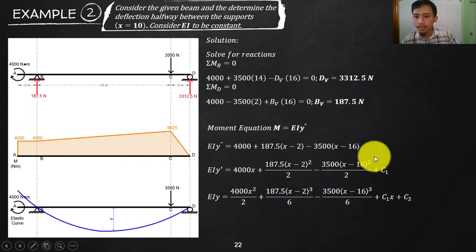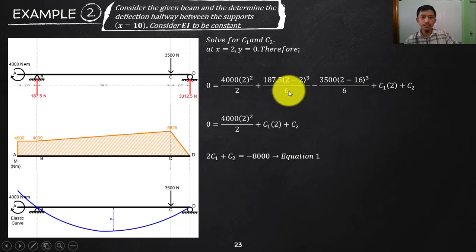There will be x with C1 and then another C2. Okay, so now substitute our boundary values, which are at joint B and point D. We know that these deflections are 0 there. So at x equals 2, that is 0. So substitute, you will have here to be simplified, but this one is a pointed bracket.